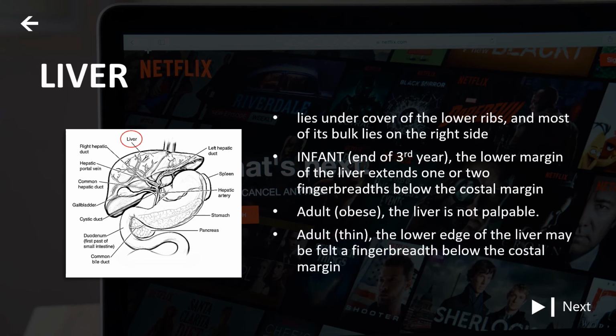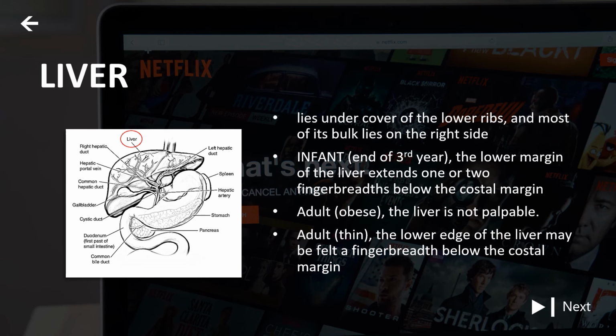Liver. The liver lies under cover of the lower ribs, and most of its bulk lies on the right side. In infants, until about the end of the third year, the lower margin of the liver extends 1 or 2 fingerbreadths below the costal margin.